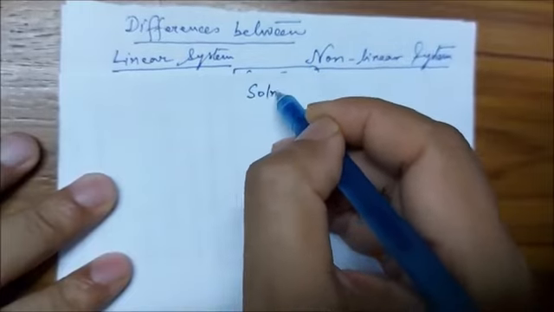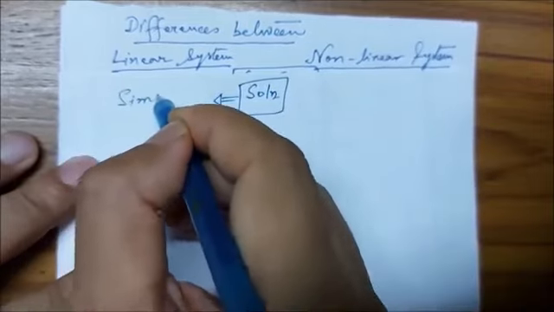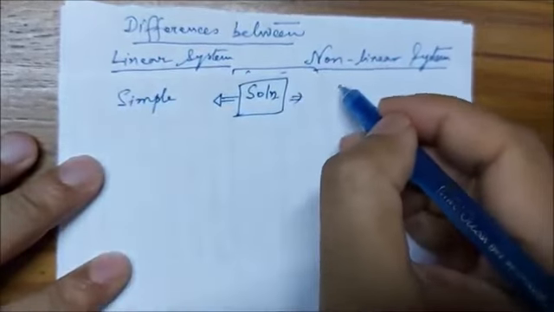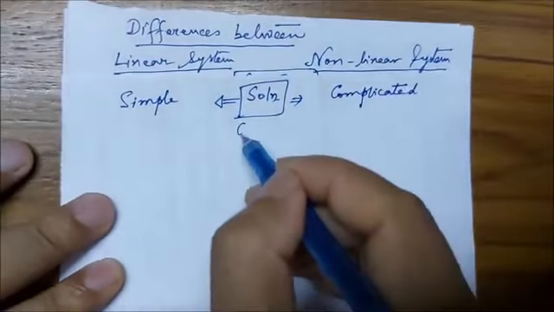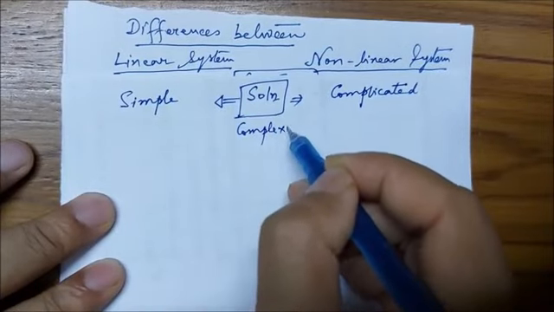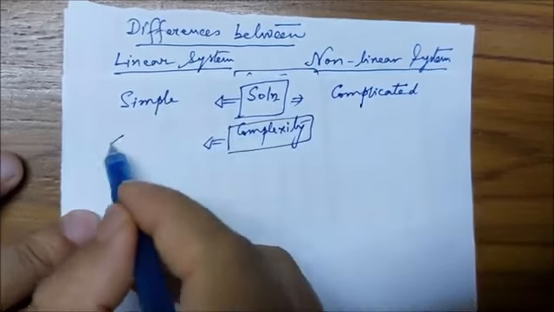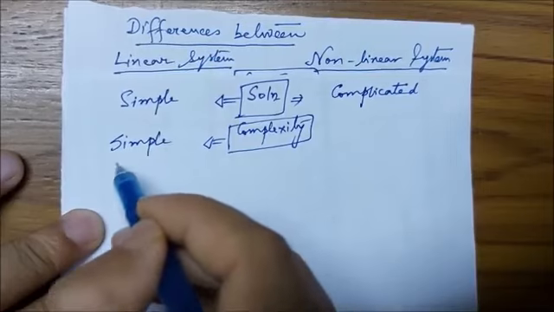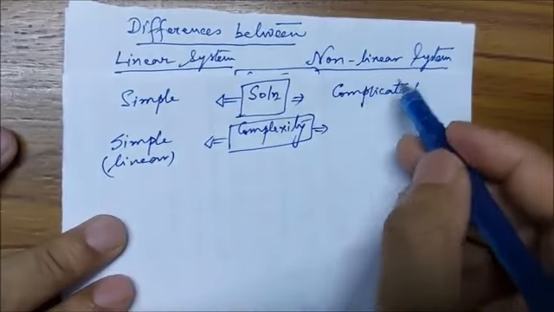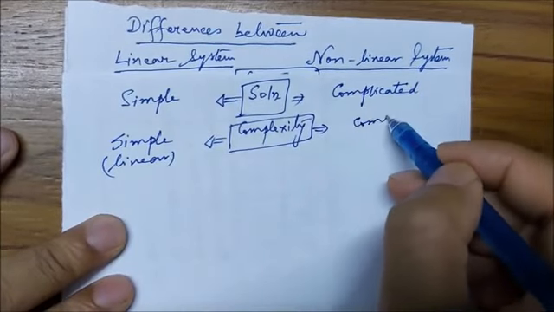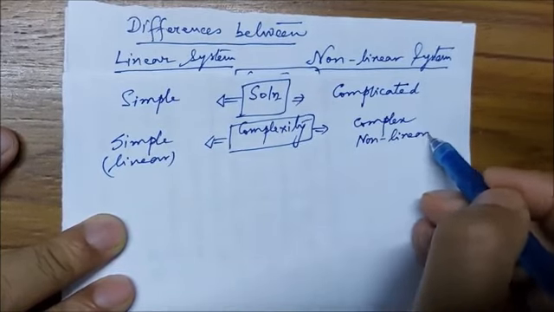Next, solution of the differential equation is simple, but for a nonlinear system, the solution is very complicated. Regarding complexity, we mentioned that a linear system is simple because it is linear, but the complexity of a nonlinear system is large, so it is complicated because it is nonlinear.